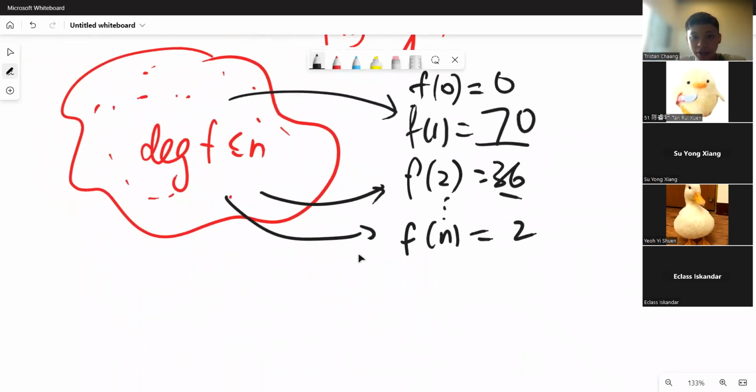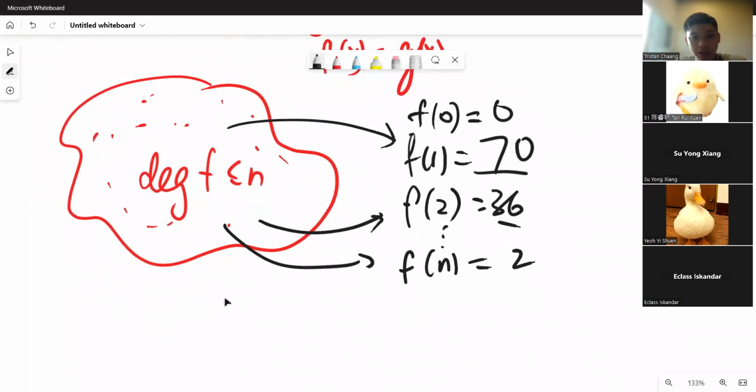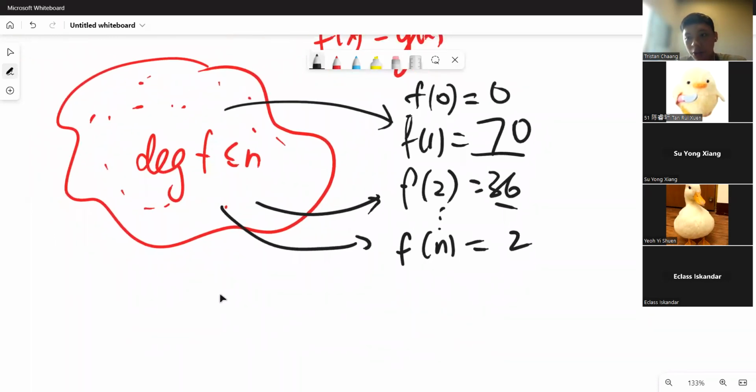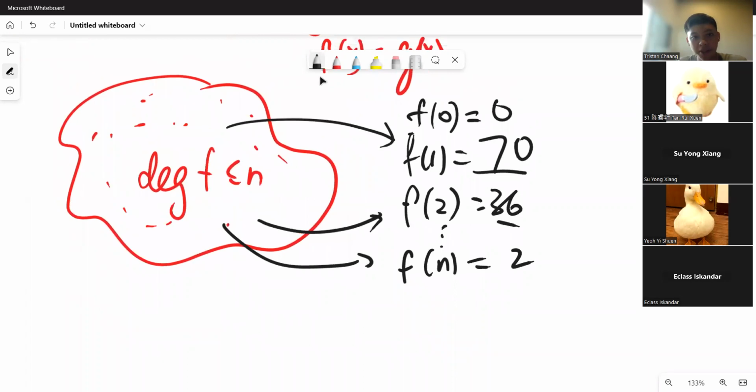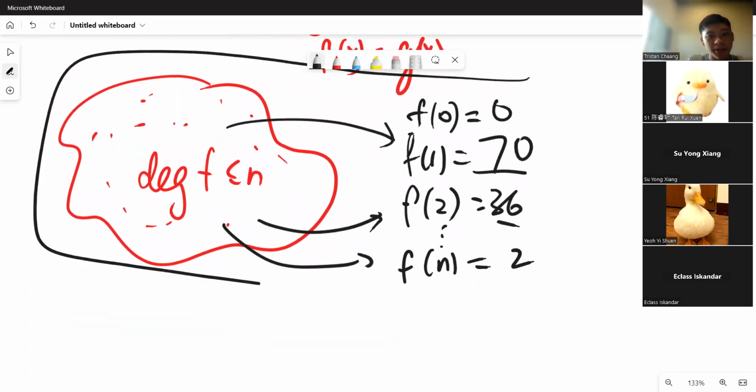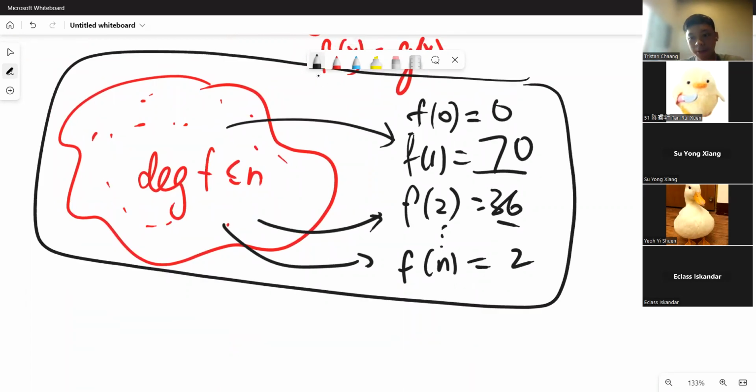Right. So now the next section, we are going to prove that for this little problem that I described here, I said there will be at most one polynomial, right? So in the next section, we will learn a technique where we can assure ourselves that there is a polynomial that satisfies this: f0 equals 0, f1 equals 70, f2 equals 36, and so on.